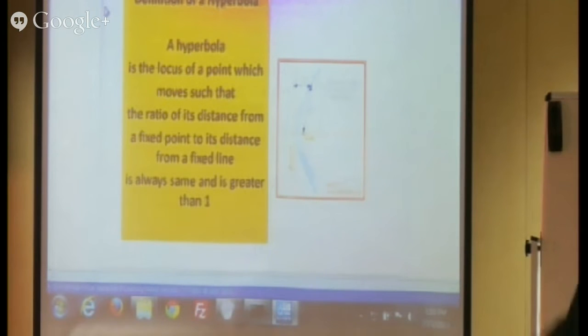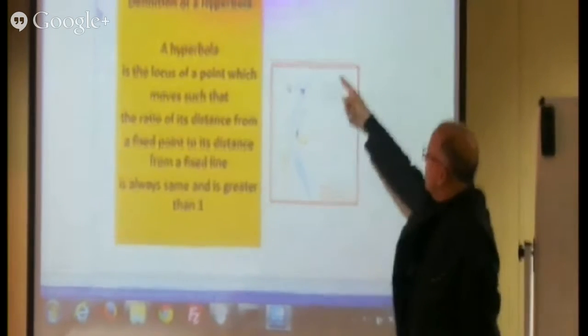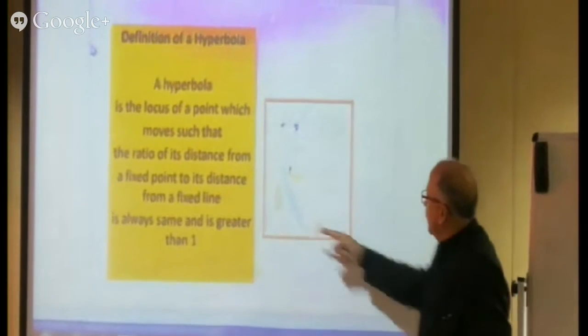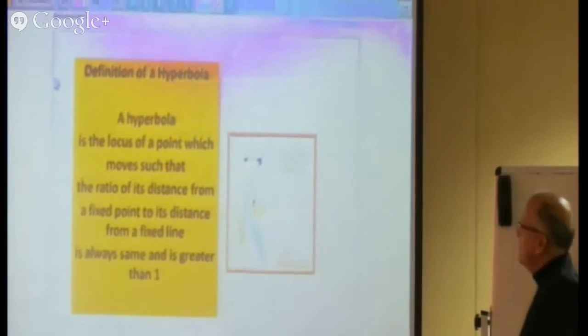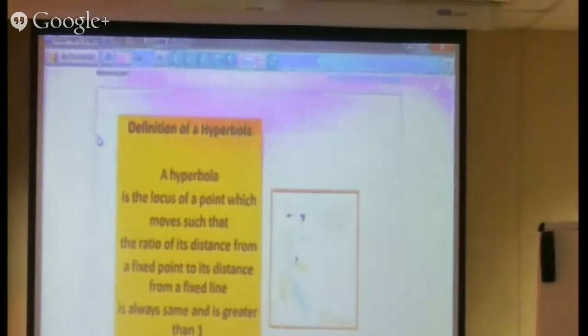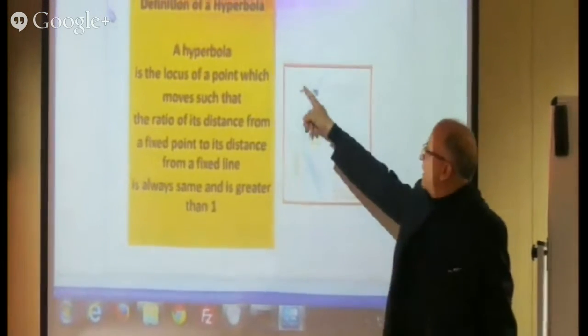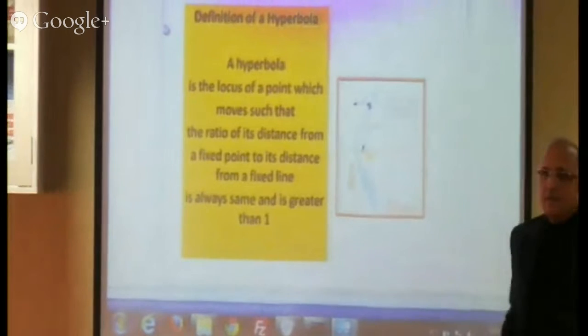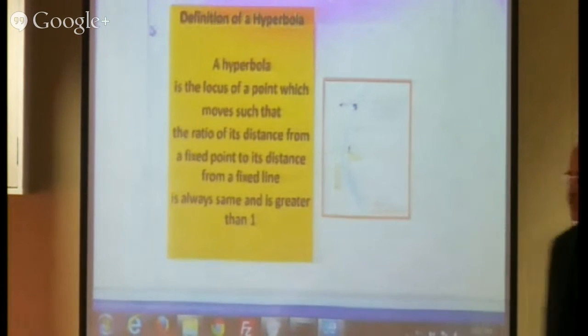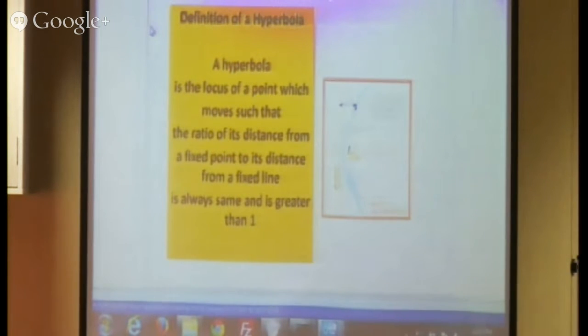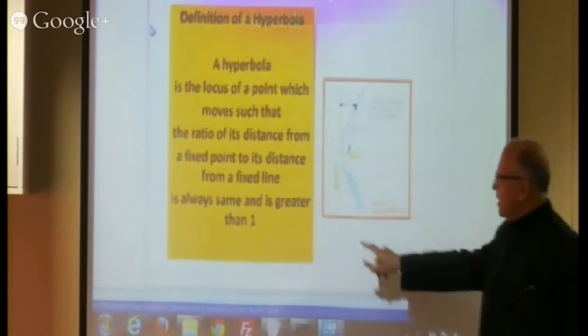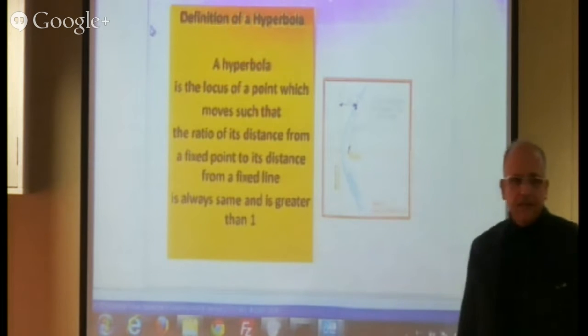Okay, you can see in this particular picture that here is a hyperbola. This is a fixed point which we call focus, and this is a fixed line which we call directrix. And when we are talking of a hyperbola, one more condition is required, that this fixed ratio must always be greater than 1.